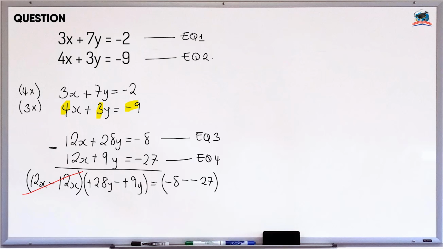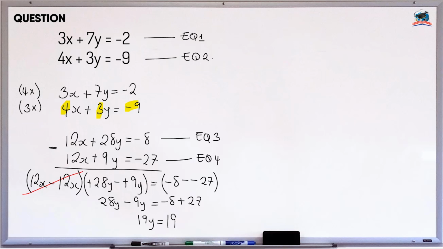So here we got 28y minus 9y is equal to minus 8, and minus minus gives us plus 27. Here, 28y minus 9y will give us 19y. So we have 19y is equal to minus 8 plus 27, which will give us 19.